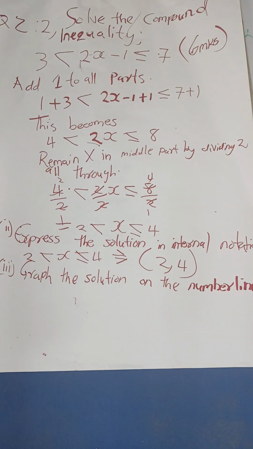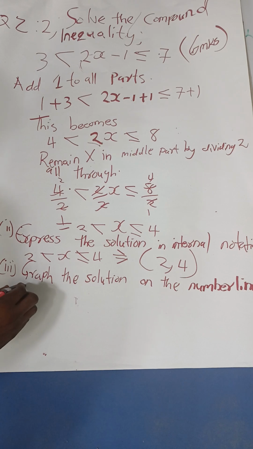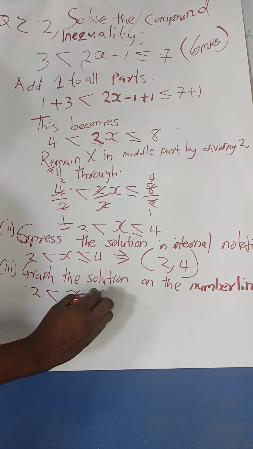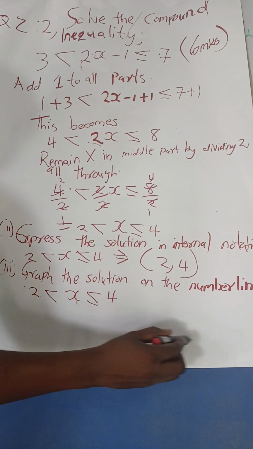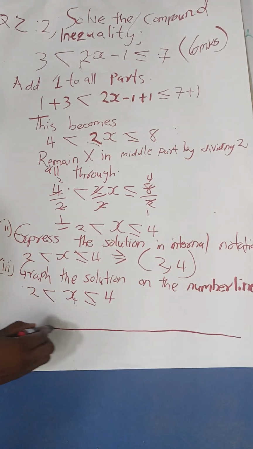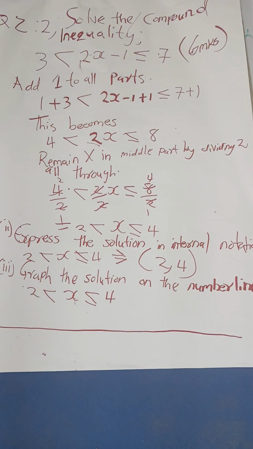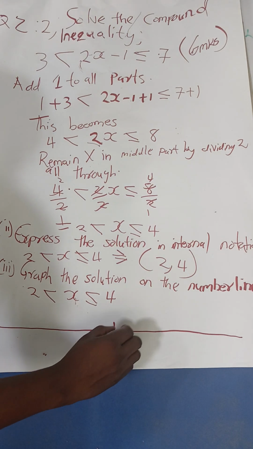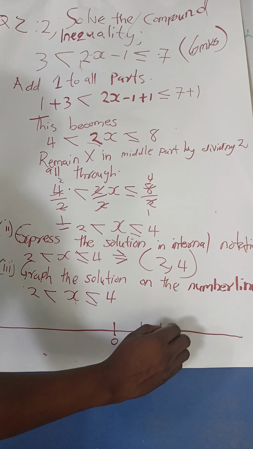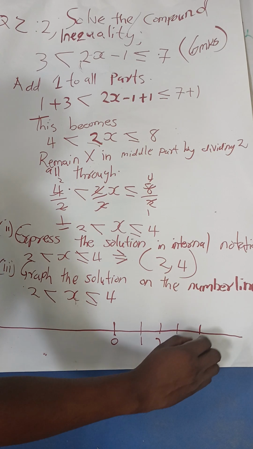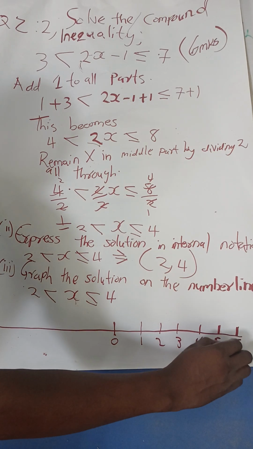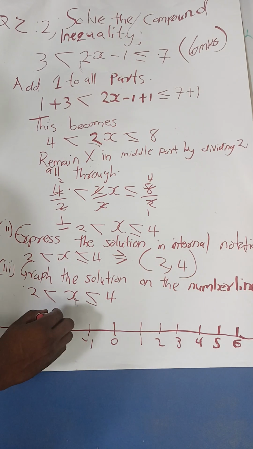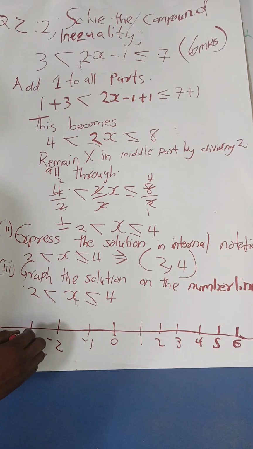Good. So we are going to graph this solution on the number line. You have to draw your number line that way. Then let it be here 0, so here 1, 2, 3, 4, 5, 6, and then here -1, -2, -3.